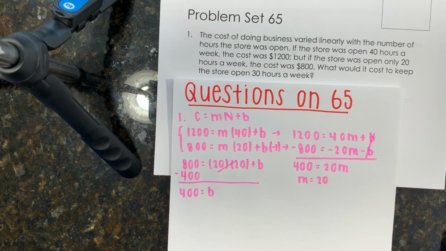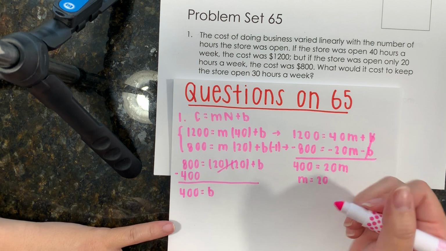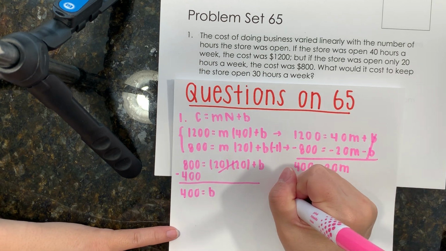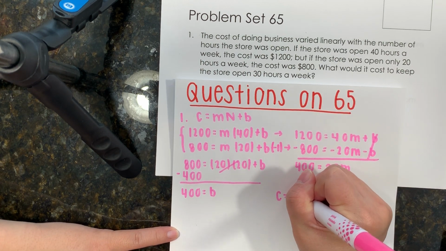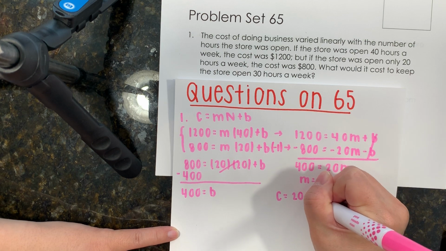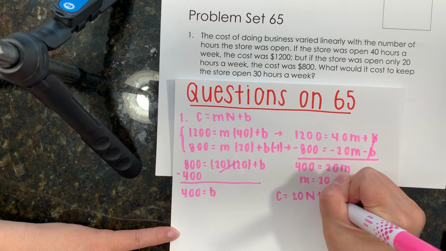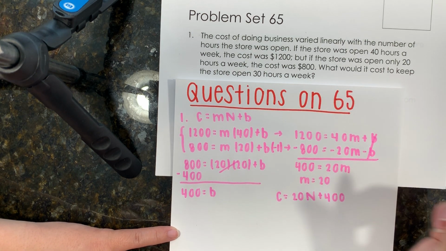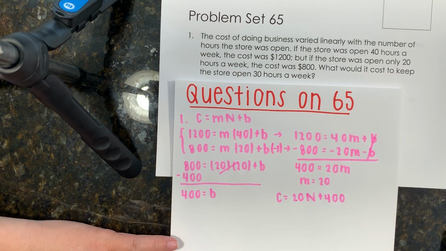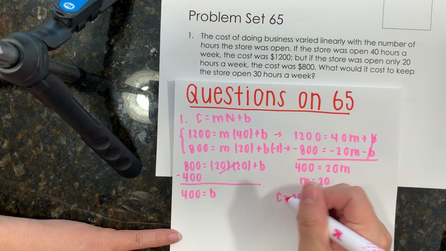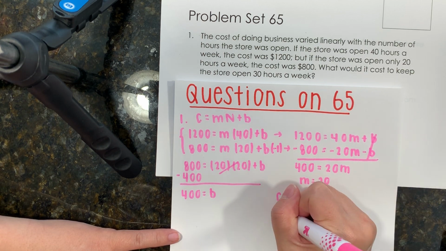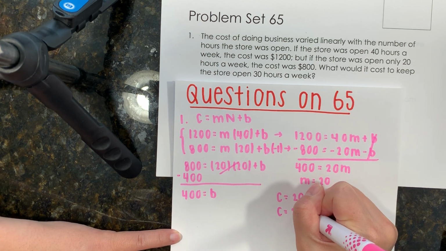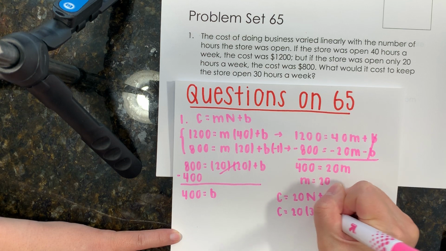So my equation, where cost varies linearly to the number of hours open, is going to be cost is equal to 20, or m, times the number of hours open plus 400. So when it says what would it cost to keep the store open for 30 hours a week, the number of hours we're solving for is 30.